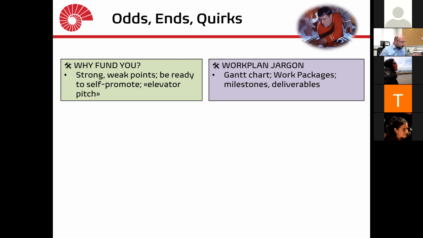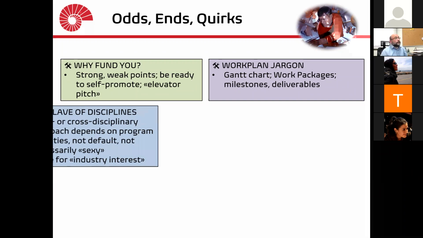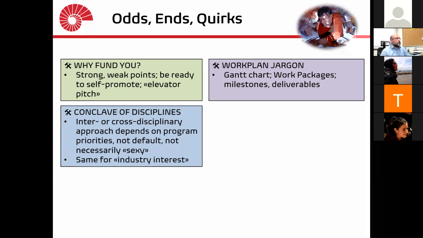So you organize the proposal into a couple of work packages, which each actually conform to a main objective in the proposal. Even if you don't have to use the language of work packages, make sure you know what it is. You talk about milestones, you talk about deliverables. Make sure you know the jargon and how it is expected to be used in the scheme itself.